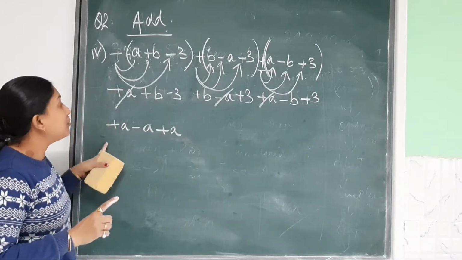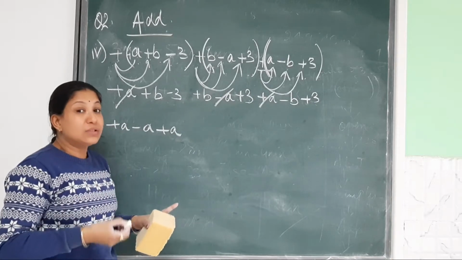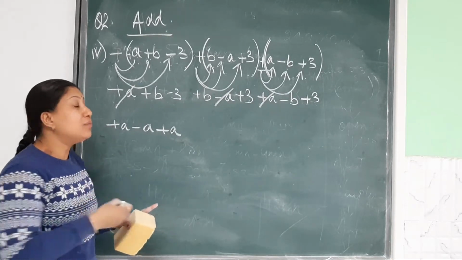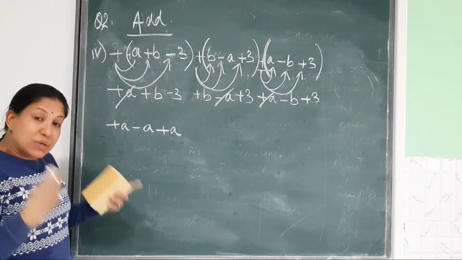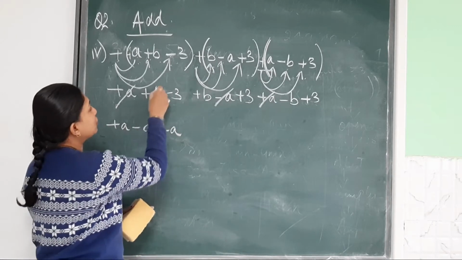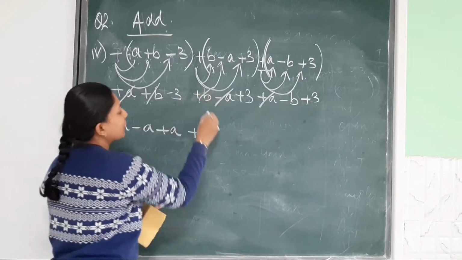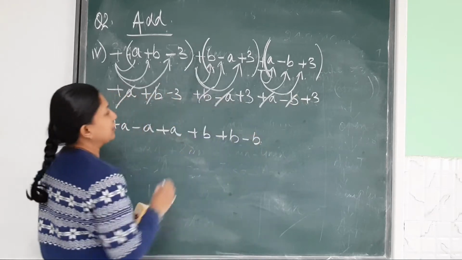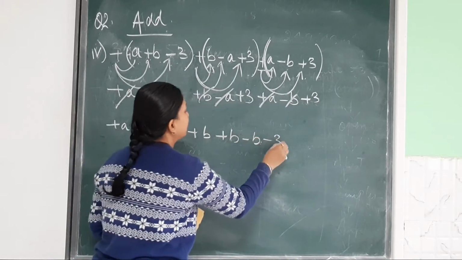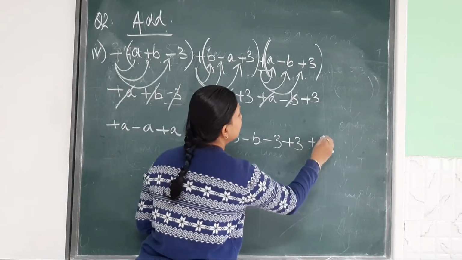I have a habit of writing and then cutting that number or term, because there are chances that I may repeat, exclude or miss writing it. Okay, so that should be in my knowledge. a is finished. Now plus b. Here I have another plus b, then one more minus b. Then here minus 3, then plus 3 and plus 3.